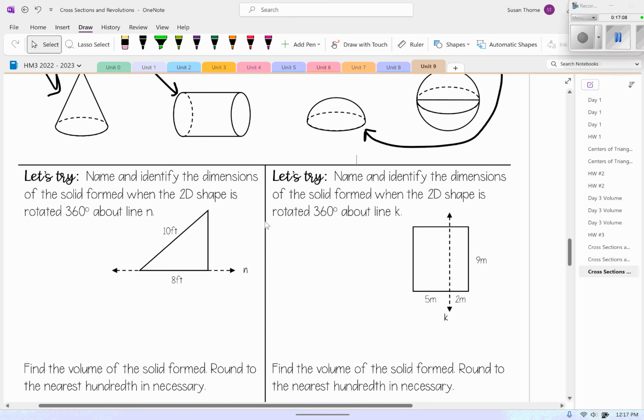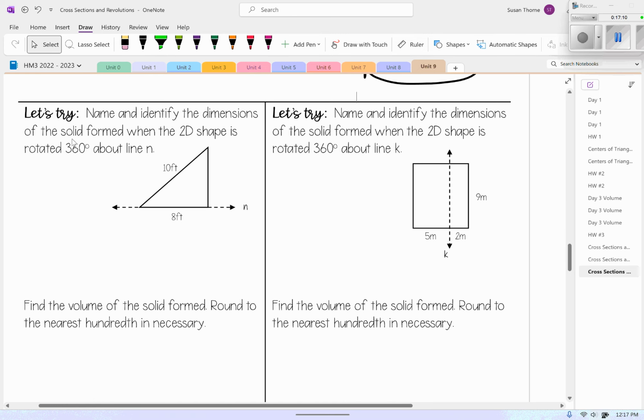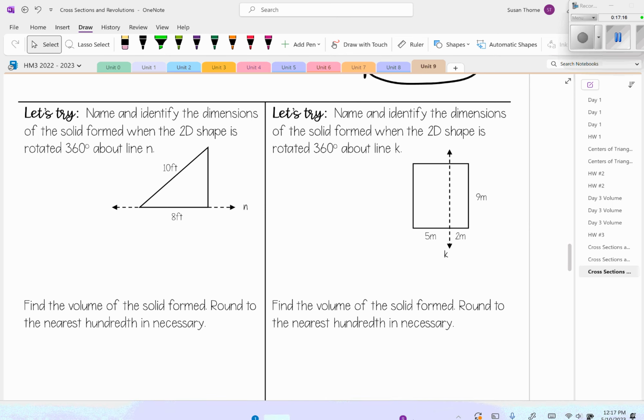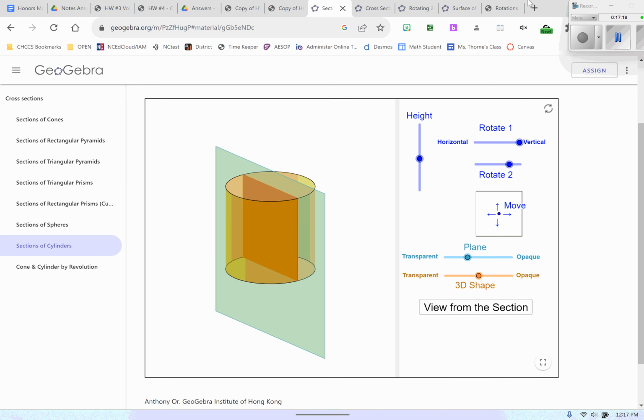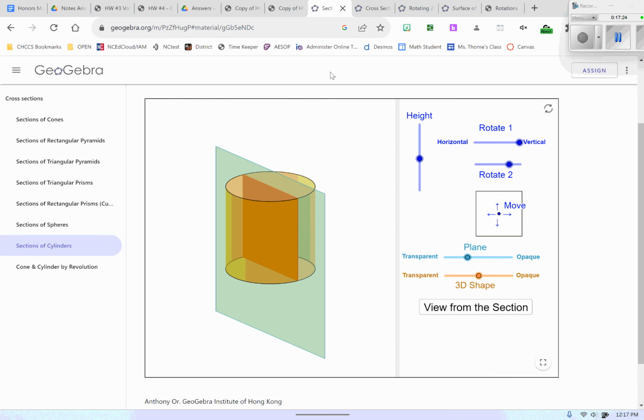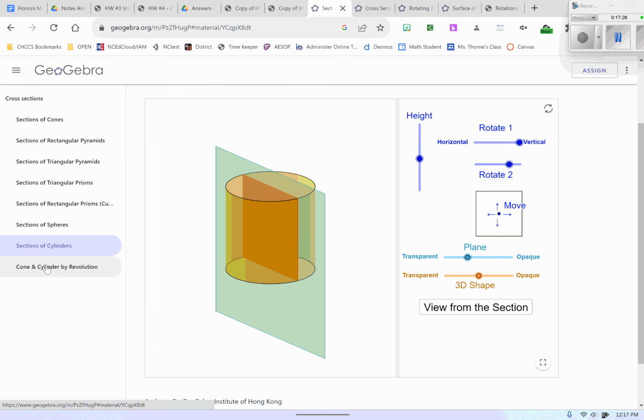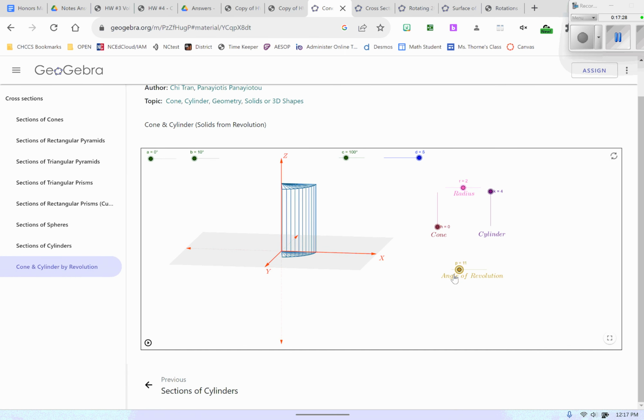It says, name and identify the dimensions of the solid formed when the 2D shape is rotated 360 degrees about line M. Before we do that, let's go back to here. I've got some rotations to look at. Okay, so here we go. Here's where we had our rectangle. If we rotate that around, notice it makes that cylinder shape.